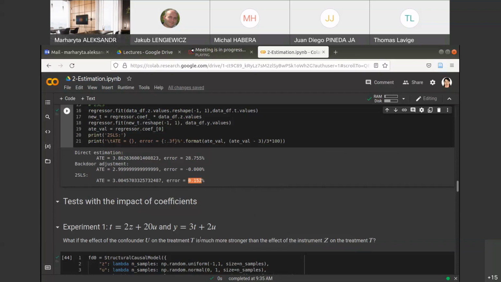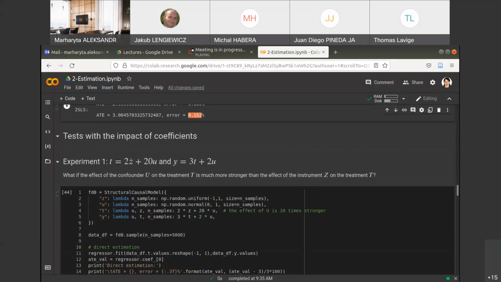Now, this method is sensitive to the strength of the instrument, in particular, how strong is the causal relationship between Z and T as compared to U and T. So we will consider now this model where this is the functional definition of T, and we see that U, the common confounder, has much more effect on the treatment than the Z.